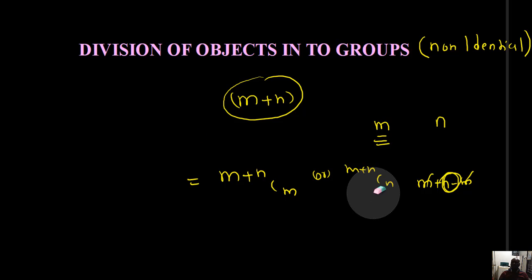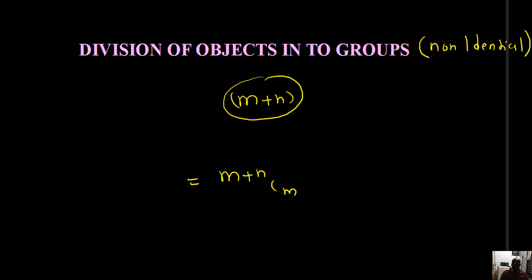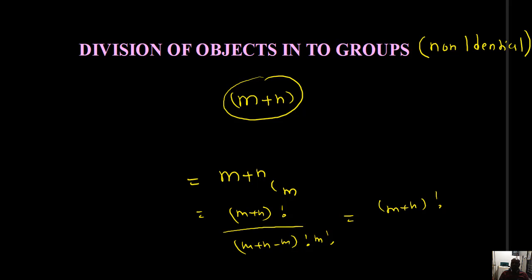Our answer is m plus n C m or m plus n C n. Completed. The simple form of this is m plus n factorial by m plus n minus m factorial into m factorial, which is the same as m plus n factorial by m factorial into n factorial. This is the answer for the problem.